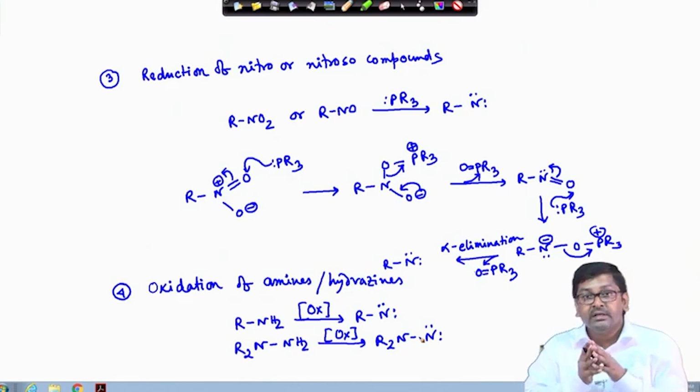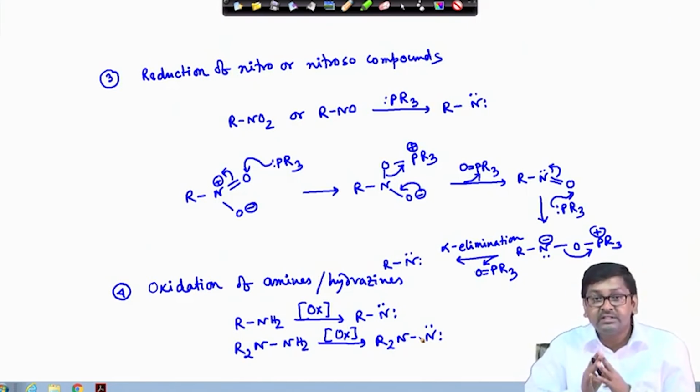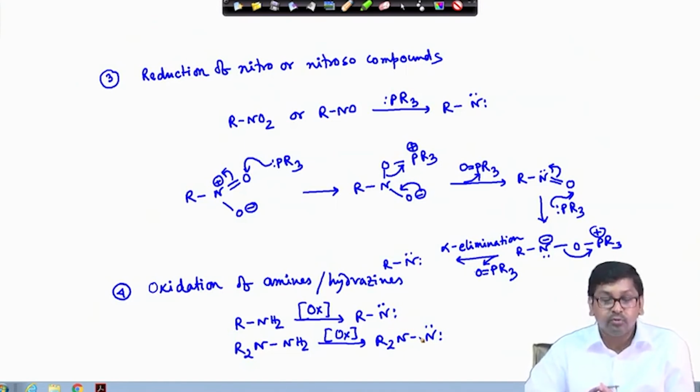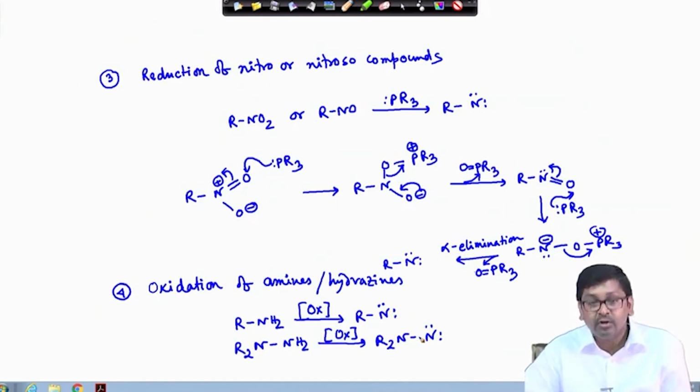So far what we have discussed? We have discussed the various techniques of generating the nitrene moiety. It is not only the photolysis or thermolysis of azides, but also we can generate those nitrenes from various small molecules, heterocycles, or from the alpha eliminations, or from reduction of nitro or nitroso compounds, and oxidations of amines or hydrazines.